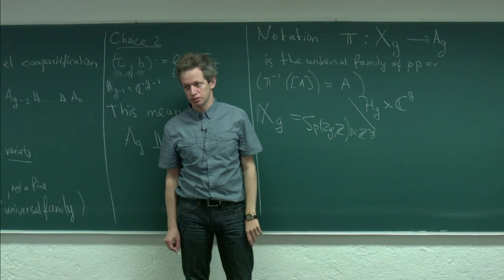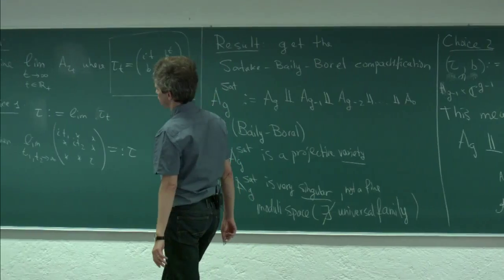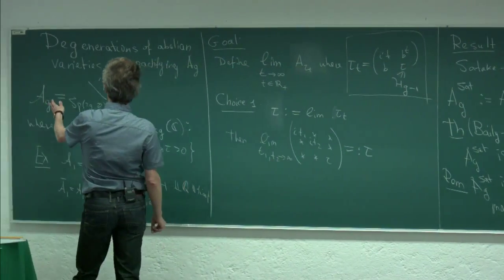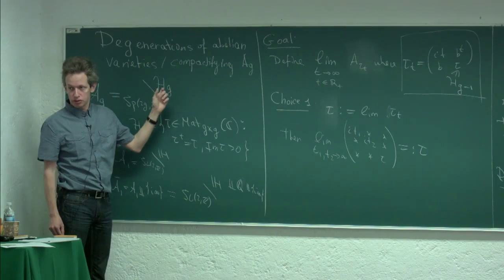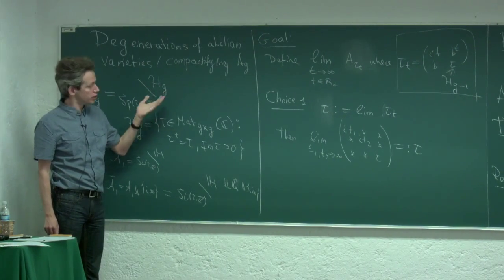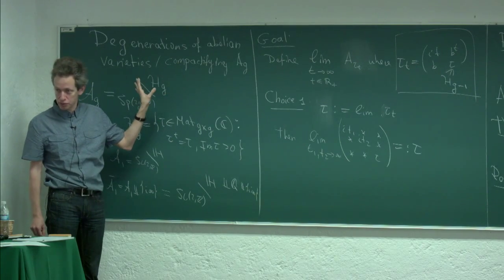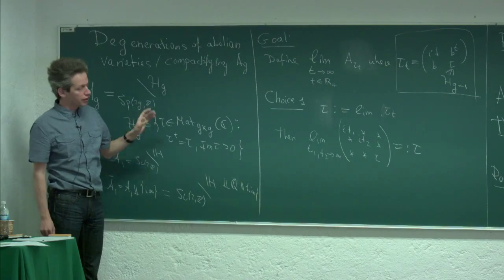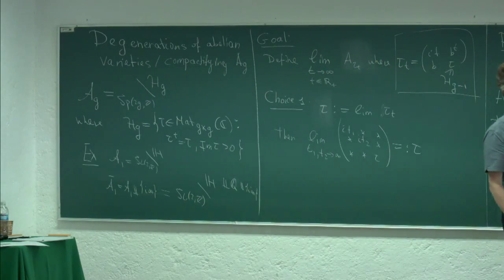Is this clear? No. So my goal is to define a compactification of AG. The way I do this is I'll add extra boundary strata to the Siegel upper half space in a rather explicit way. I mean, I will fail shortly, so I'll add the first boundary stratum here. And then I will say what this corresponds to in terms of the moduli space for abelian varieties.